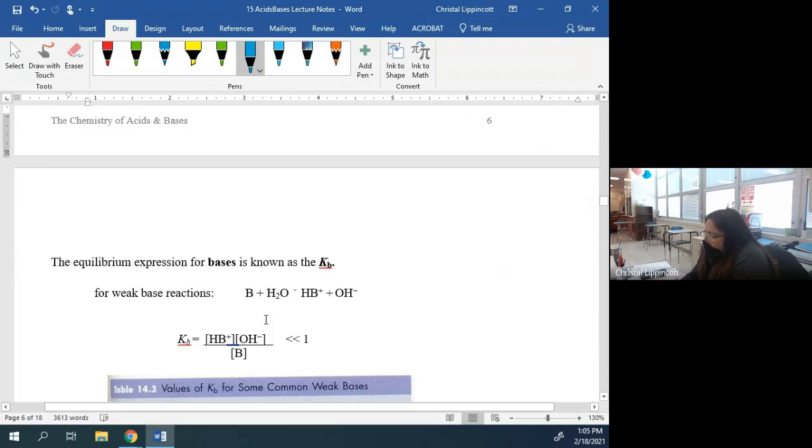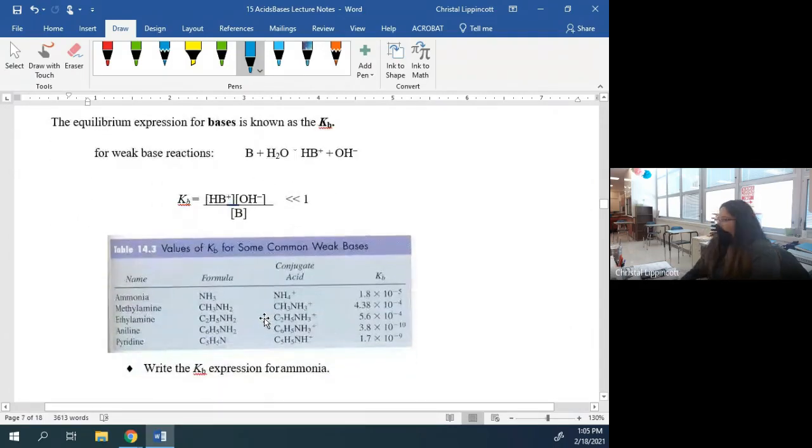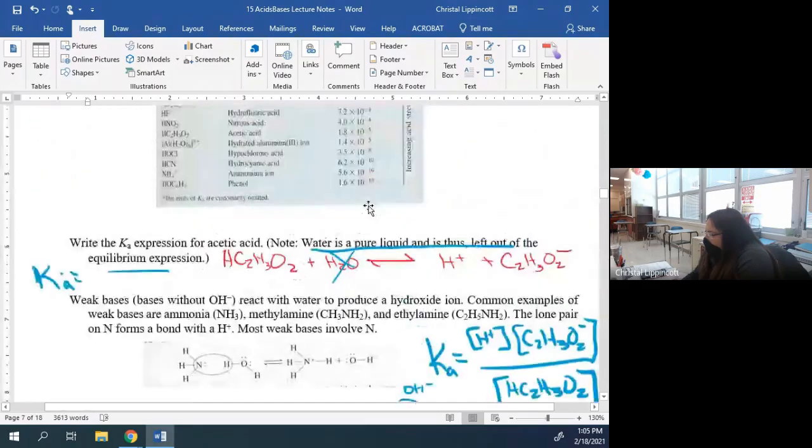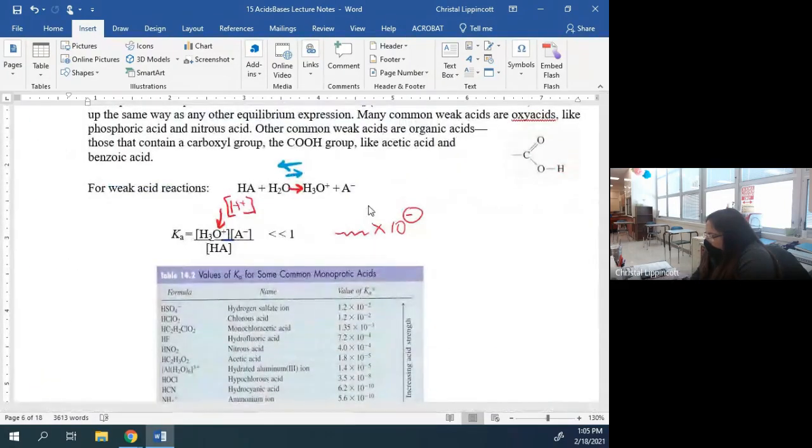Okay, so the Kb expression is the same way. With the Kb expression, how do you know that you have a Kb expression? You're going to have hydroxide as one of the products here. So it's pretty easy to recognize when you need to be using Ka and when you need to be using Kb. All right, so with Ka, you're always going to have hydrogen up here, an H plus. Remember that we can use H3O plus and H plus; we use those interchangeably.